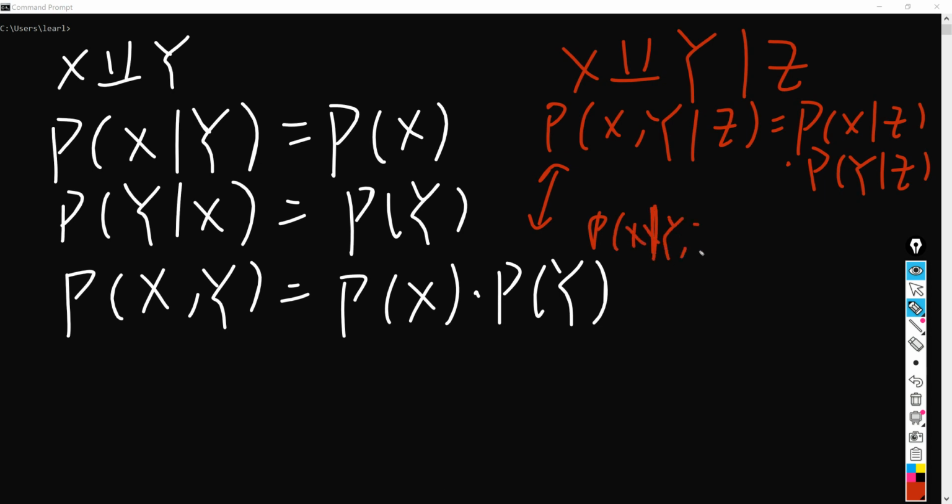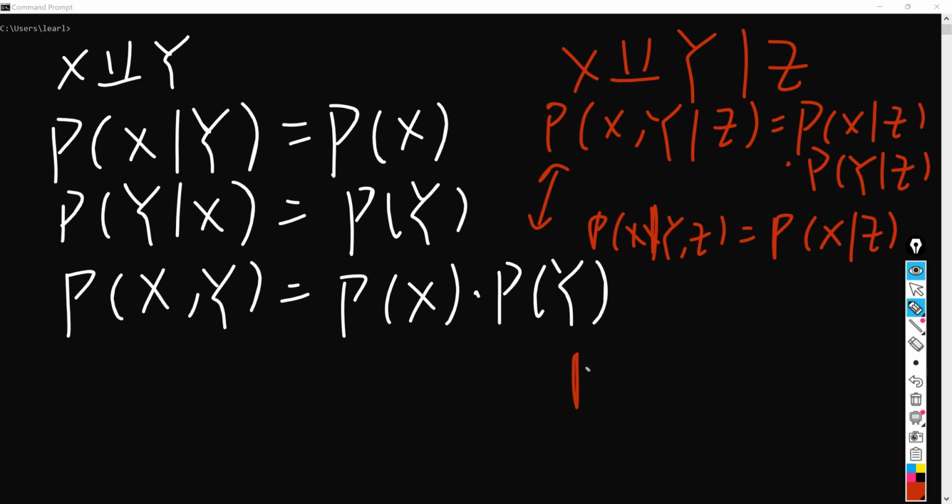Another few equations that we can derive: p(x | y, z). Given the condition of y and z, what's the probability of x? It actually equals p(x | z). The reason is that given the condition of z, x and y are independent of each other, so y here is not necessary, since it doesn't affect the probability of x under the condition of z.